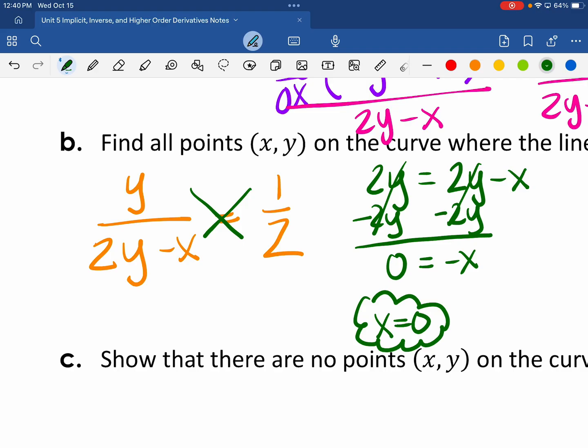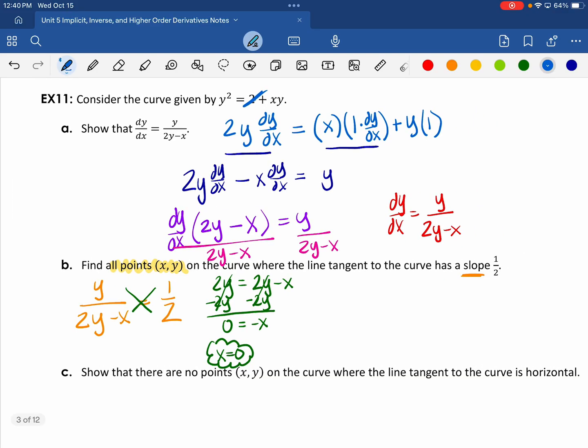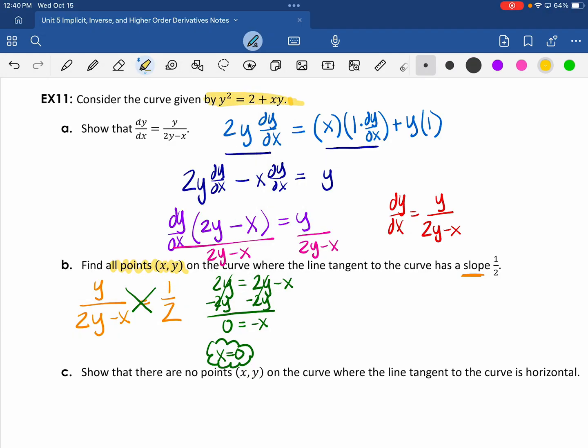Am I done? No, because it wants the point. So it wants the x comma y. So you have to go back and figure out what y is. How do I do that? Plug in the x into what? Or derivative. Not the original. The original. Yep, so I'm going to come back up here to the original. So this guy right here. Is it plus or minus?